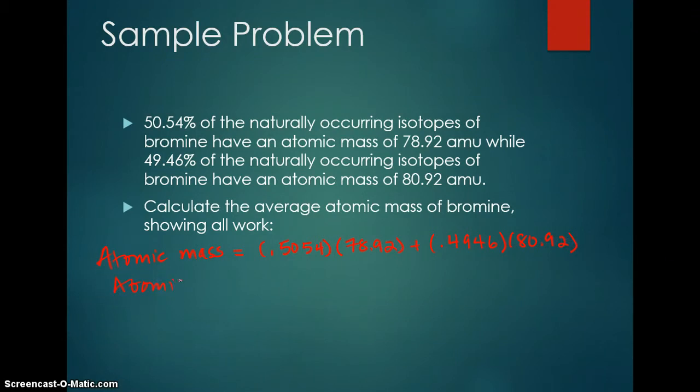Atomic mass is equal to, when I multiply those, I get 39.89 plus 40.02, and therefore my atomic mass is just what I find on the periodic table, 79.91.